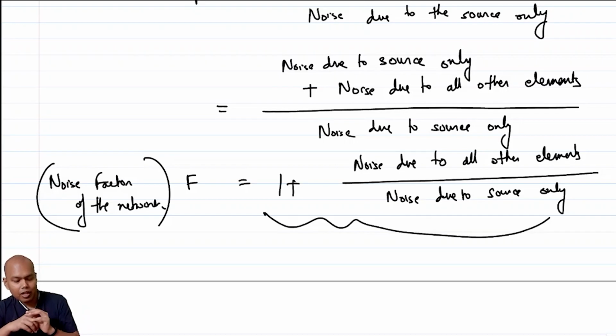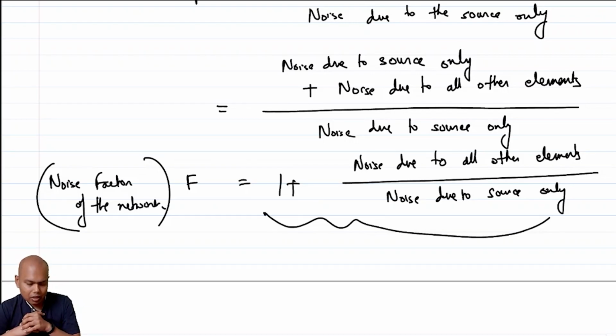But if the rest of the network contributes substantially higher noise than the noise due to the source only, then the noise factor is a measure of how much extra noise your network is contributing.